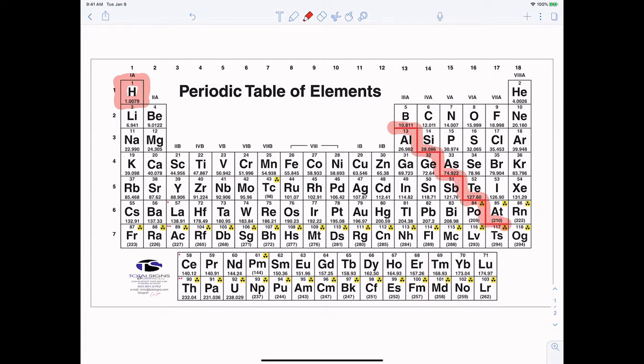The elements to the left of that zigzag line, with the exception of hydrogen, are metals. The elements to the right of that zigzag line are our non-metals, but you do need to include hydrogen. And then the ones along the zigzag line, so boron, silicon, germanium, arsenic, antimony, tellurium, these guys are semi-metals. Aluminum is an exception there.